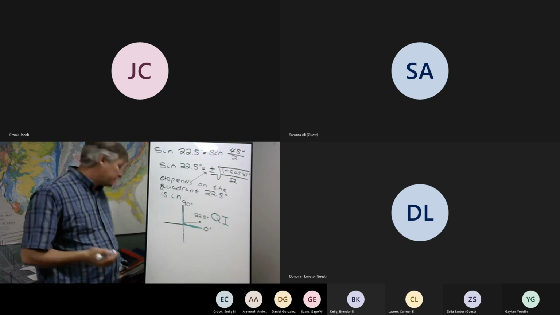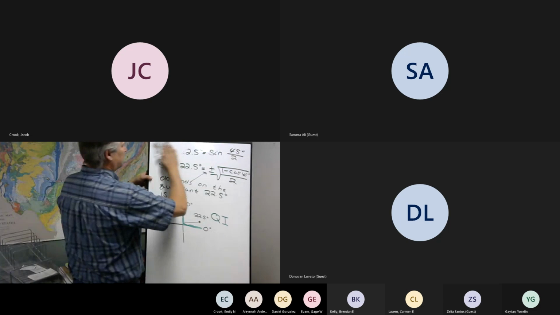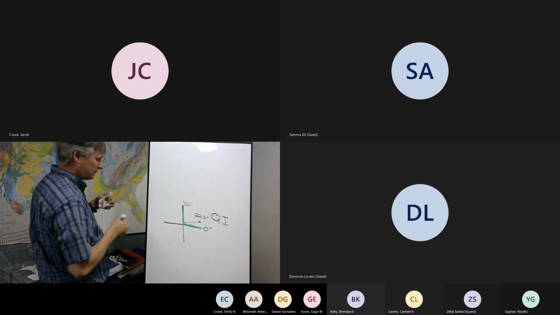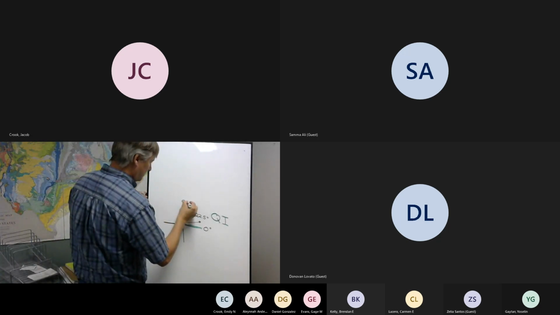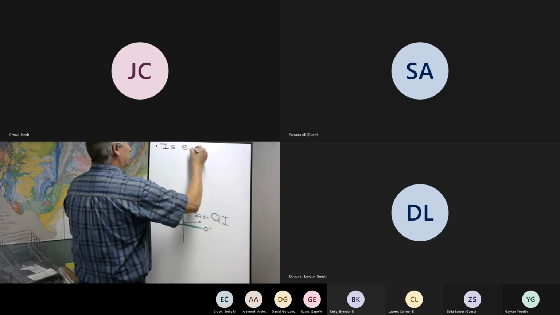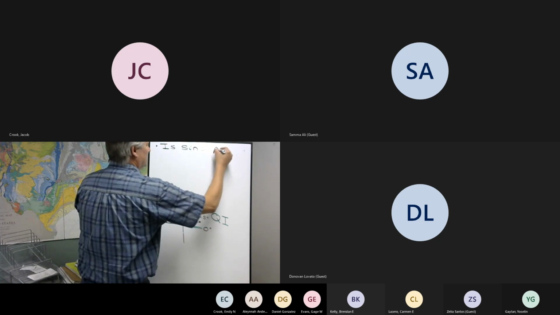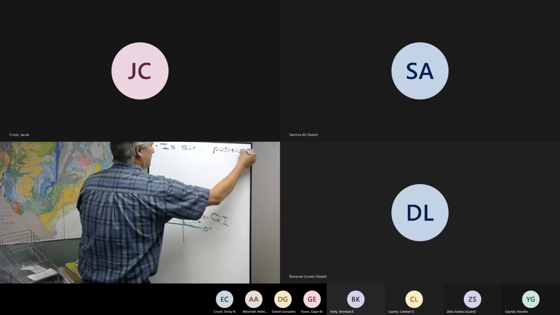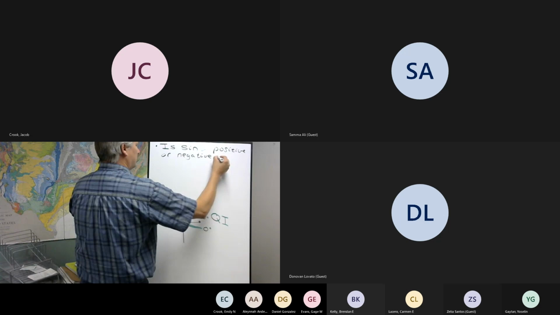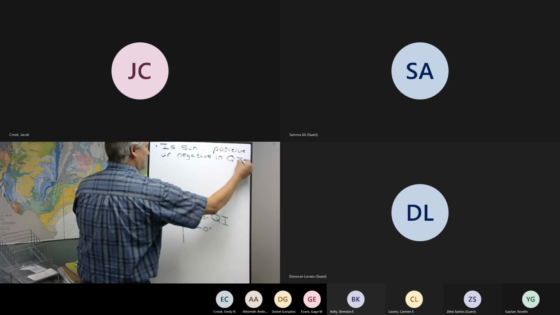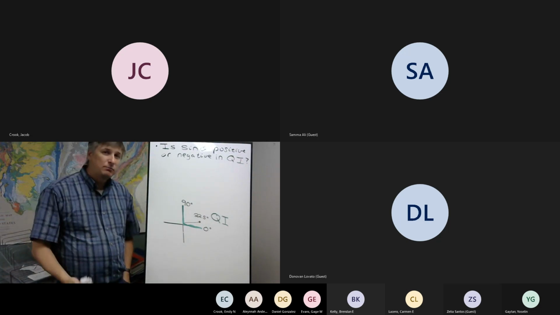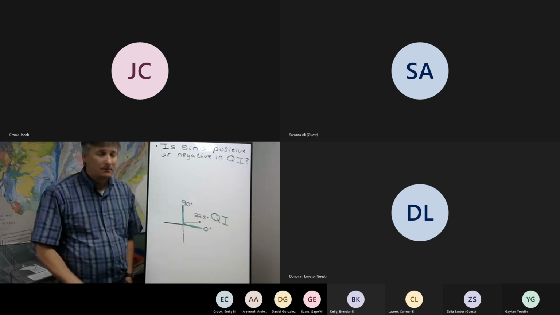So we have to ask ourselves this question. Is sine theta positive or negative in Q1? And that's when we decide, do we go with plus or do we go with minus?